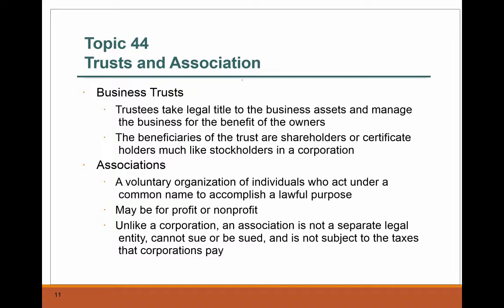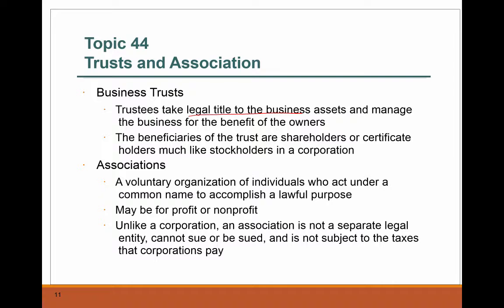Then for trusts and associations: business trusts take the legal title to the business assets, and then they manage that for the benefit of the owners. So basically the beneficiaries of the trust are the shareholders or certificate holders, like stockholders. Someone is running the business, usually for the benefit of the beneficiaries.